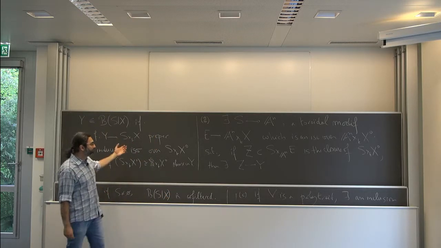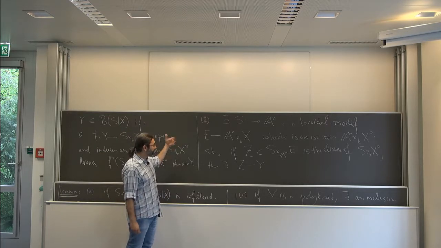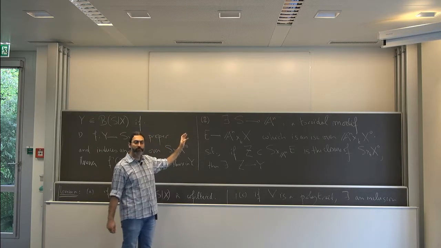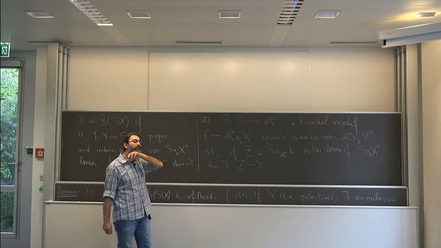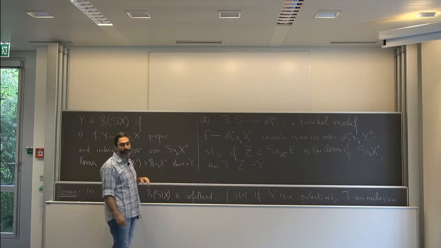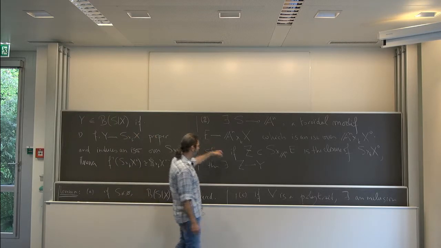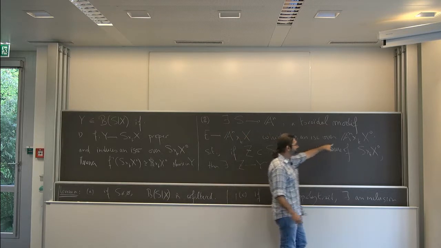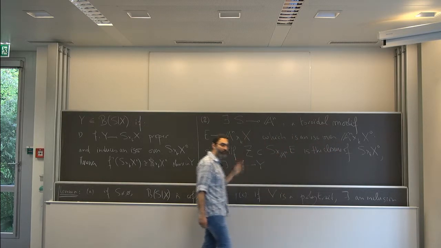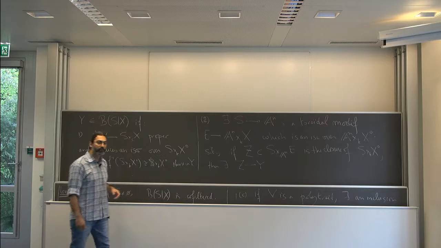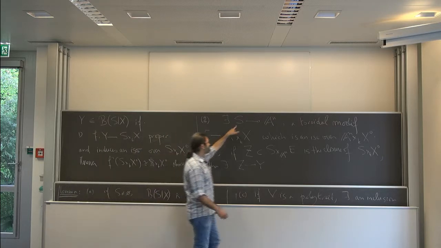This is only reasonable if S is affine, but if S is affine, you can take a closed immersion. It doesn't matter. The point is that over here you don't modify anything, so when you pull back, it's a reasonable thing without any condition on this map.